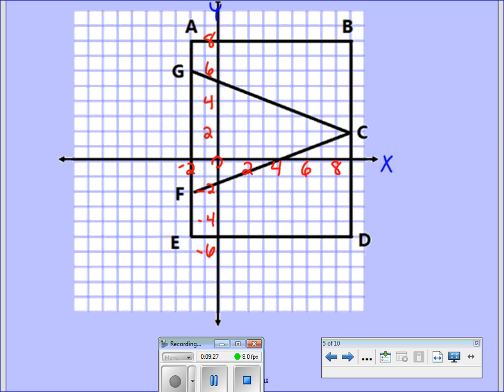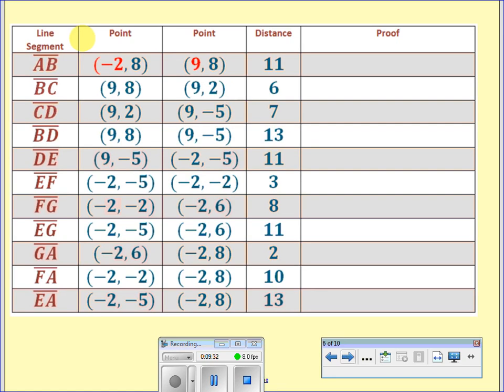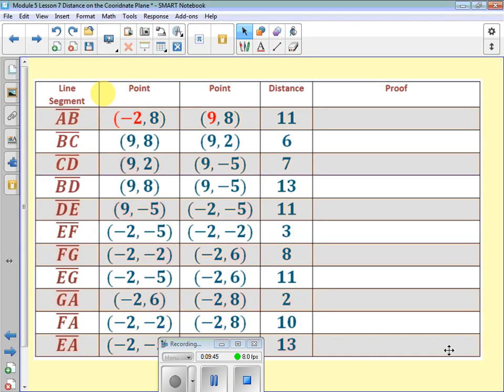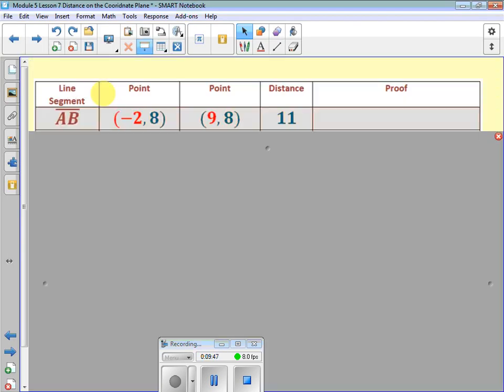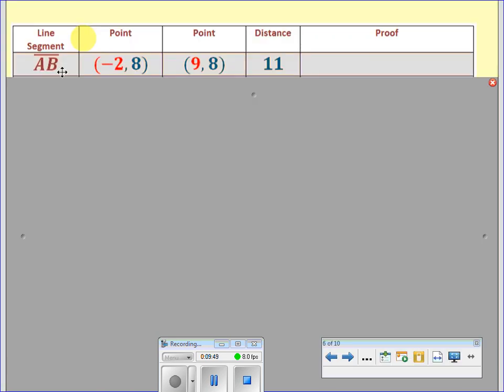I have all the ordered pairs on the board already to make it a little bit easier for us. Oops, and the distance. I should have deleted that column. But that's okay, what we really want to focus on is how to write the proof. So taking a look at the first one, line segment AB. Write down the ordered pairs for line segment AB.